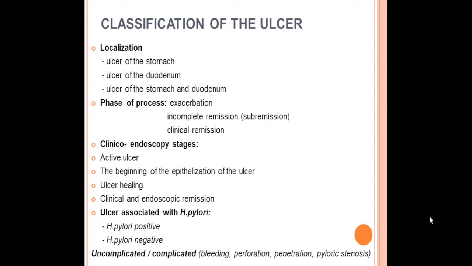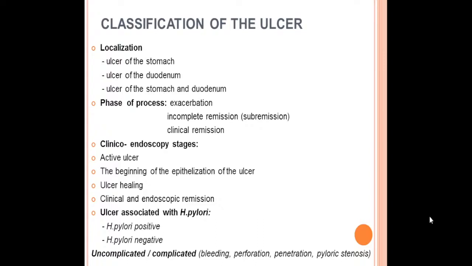Next, parameters of classification. It may be an ulcer associated with Helicobacter pylori, maybe peptic ulcer disease, for example, ulcer of the duodenum, in the period of clinical and endoscopic remission, Helicobacter pylori negative.